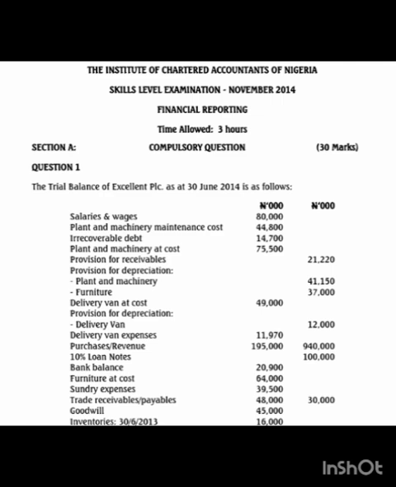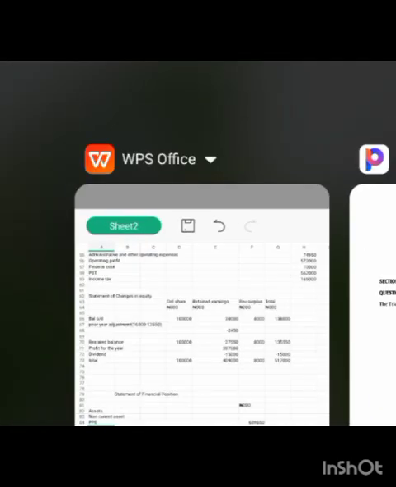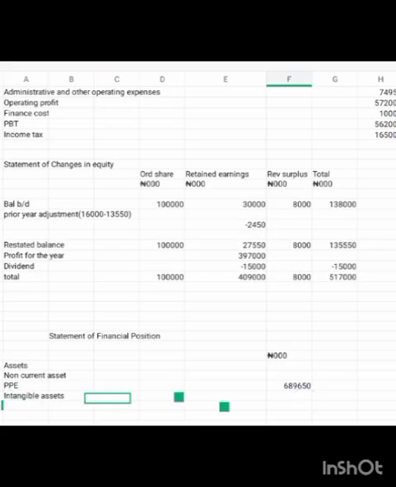So we have goodwill of 45,000. Goodwill of 45,000. We input 45,000, right?